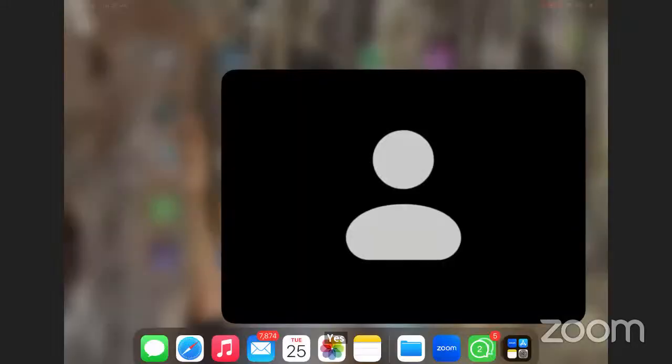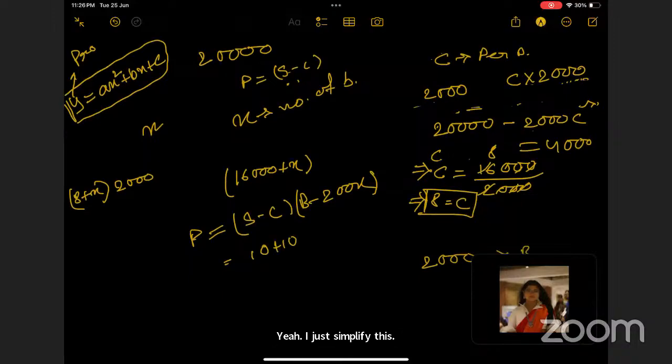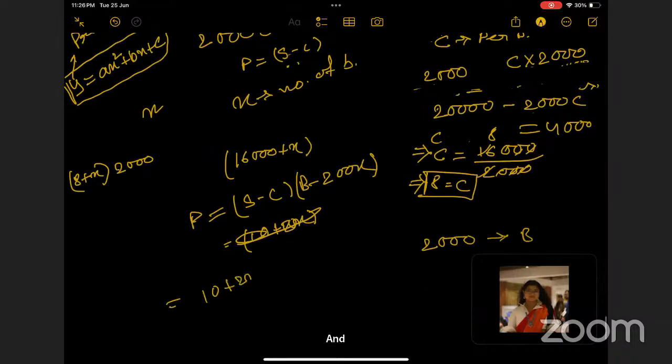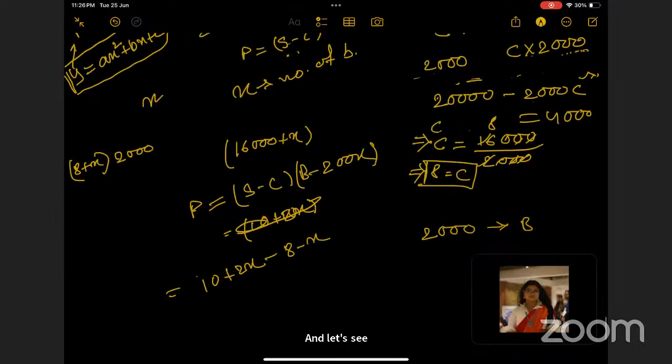Yeah. So if we just simplify this, then, sorry. Then plus 2. After simplifying, what are we getting?